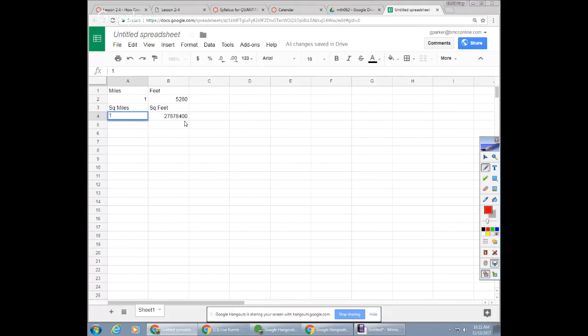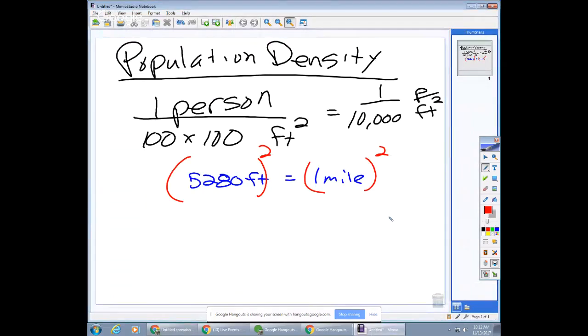So every 1 square mile, put some commas in there. Yeah, 28 million. It's a lot. 27,878,400. There's 28 million 100 by 100 square feet.